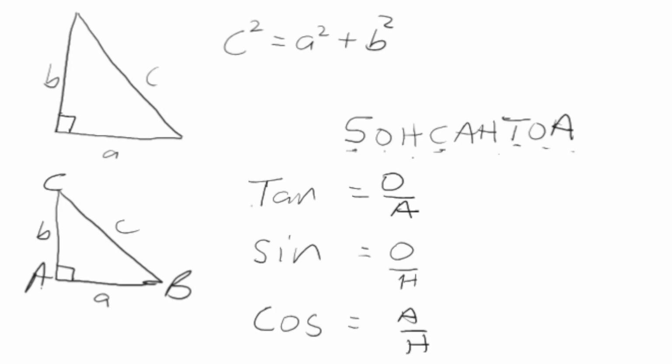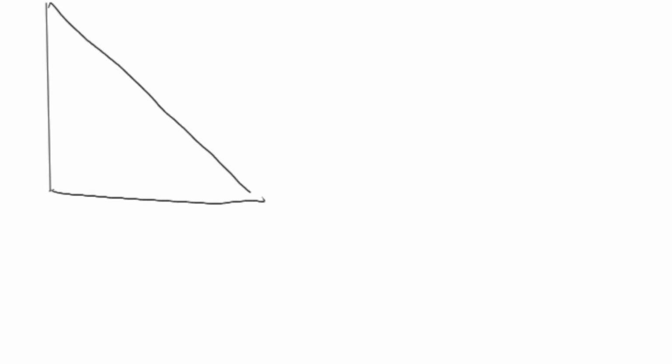So with this, we need to identify our opposite, our adjacent, and our hypotenuse. Let me put in another triangle and do that with it. So if you have this triangle, this is our 90.